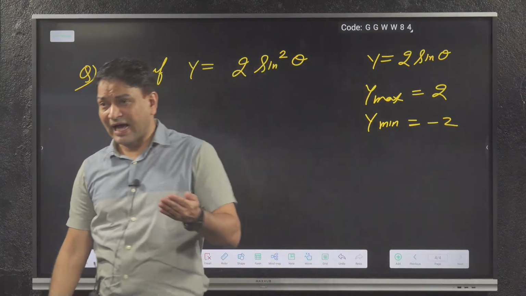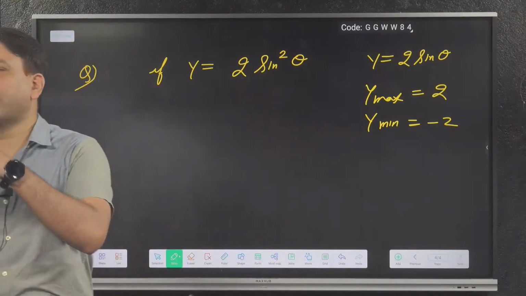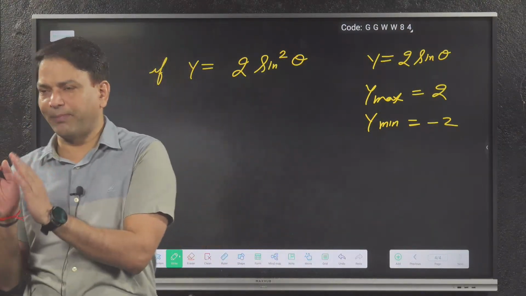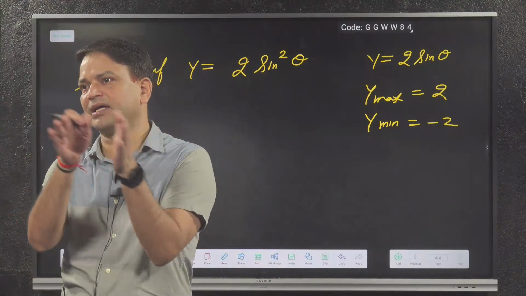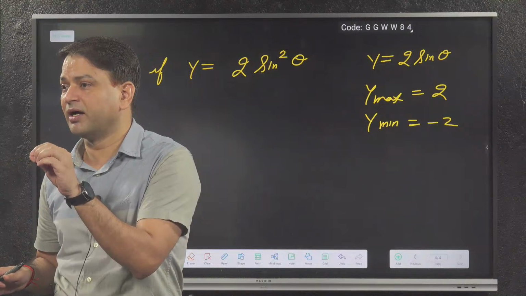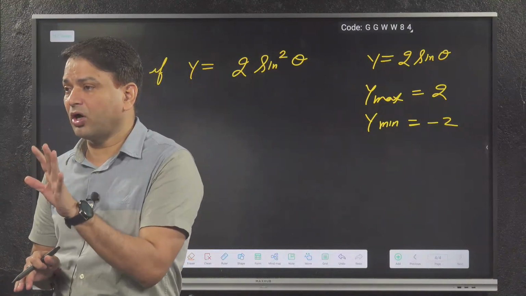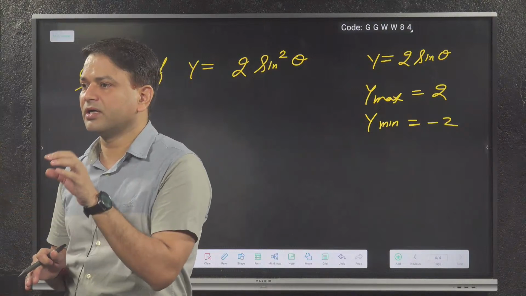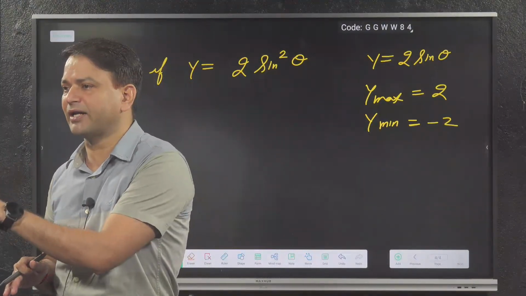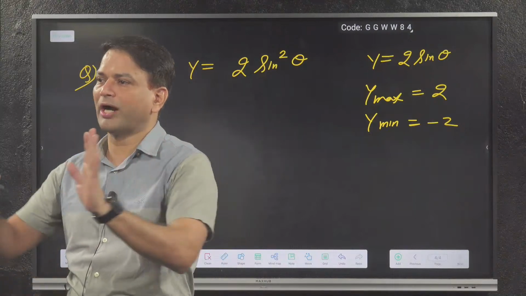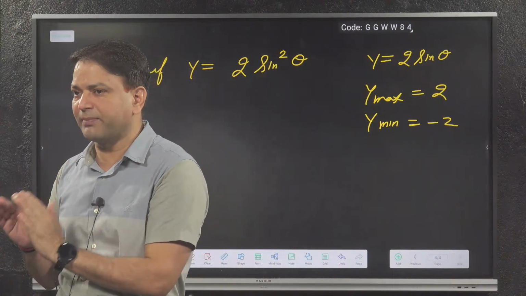Okay, but I gave y is equal to 2 sine square theta. Now here two numbers are there. One is 2 and the other is sine square theta. It is not sine theta, it is sine square theta. Everybody getting or not? Square of any number cannot be negative.